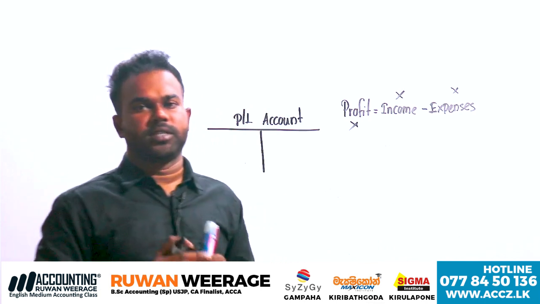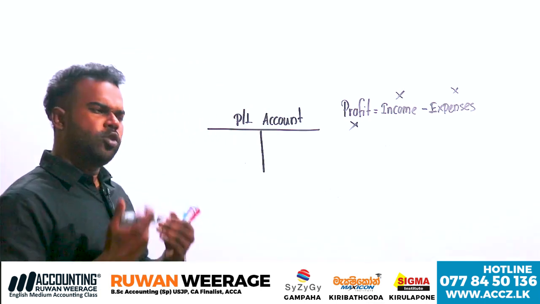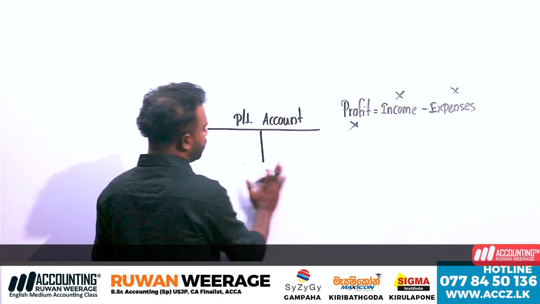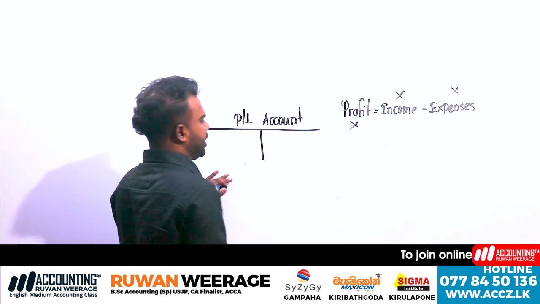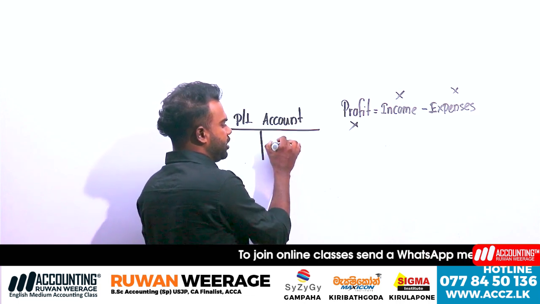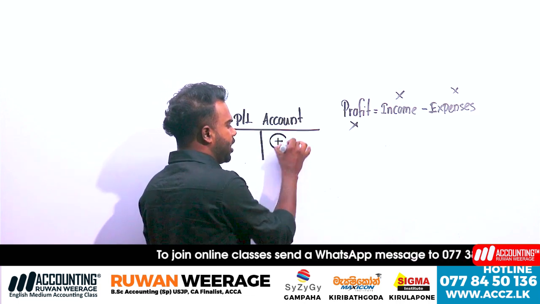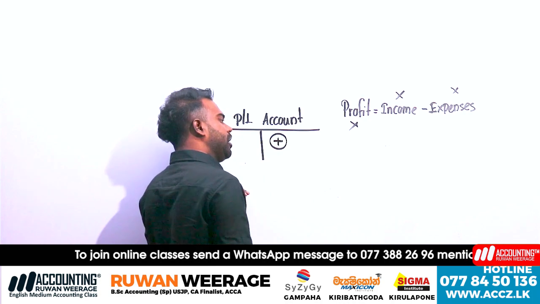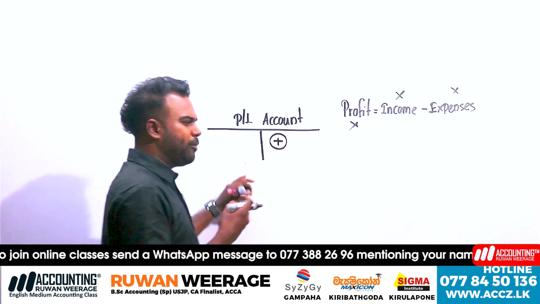So can anyone tell me the normal brought forward balance of income? Income comes from which side? Income's normal balance, debit balance or credit balance? Credit balance. Therefore, normally P&L account credit is like incomes.